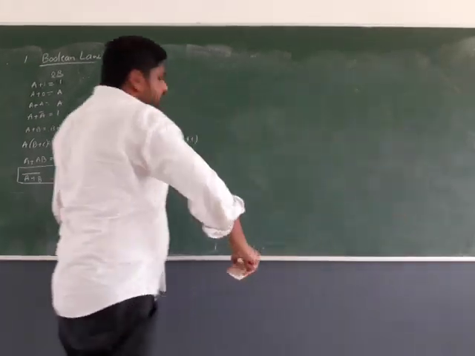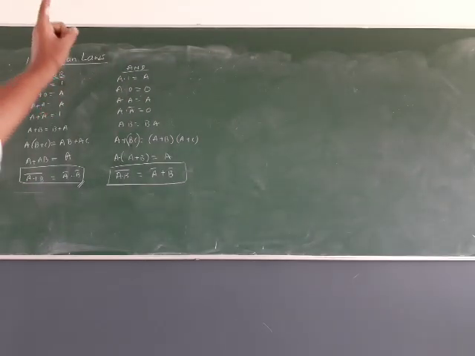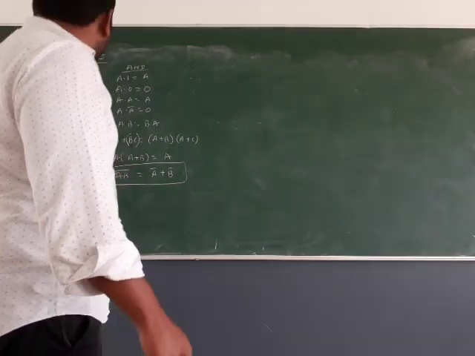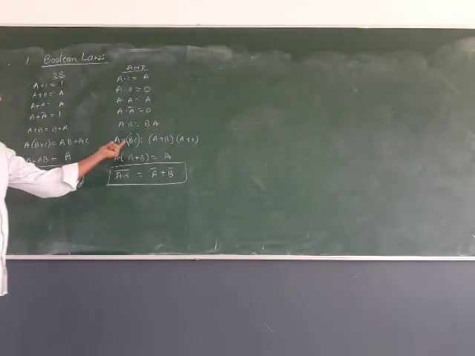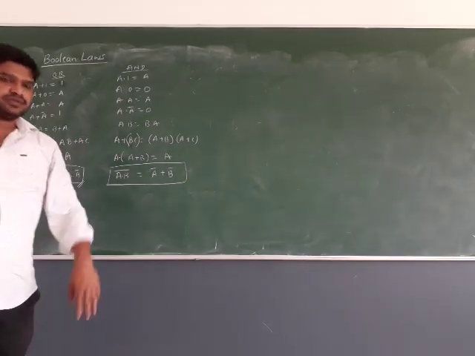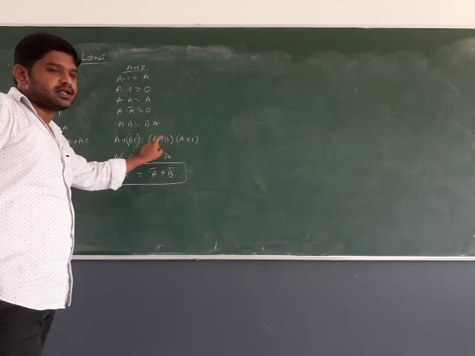Now in these rules, in a few we have a single variable, in a few we have 2 variables, and in a few we have 3 variables. We have to decide based on how many different variables there are.